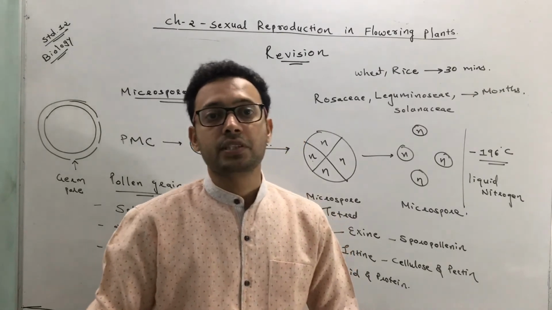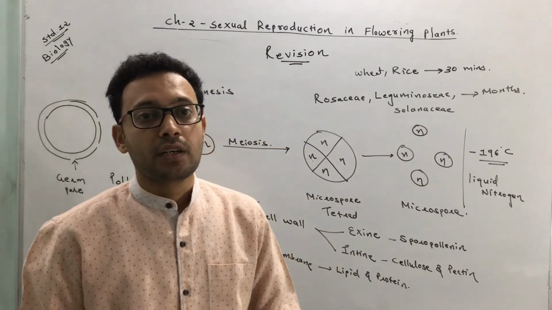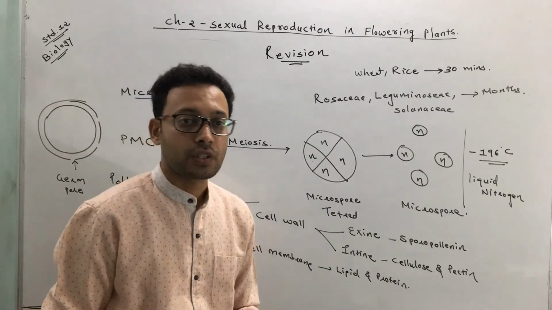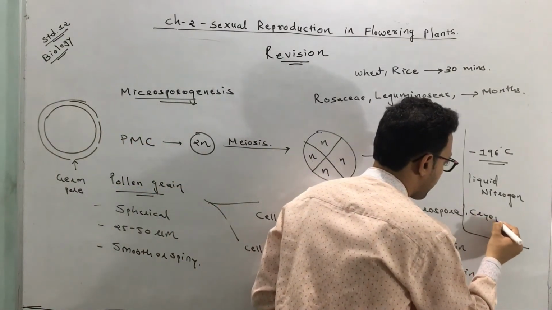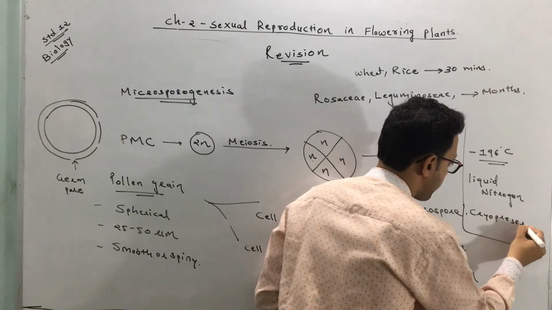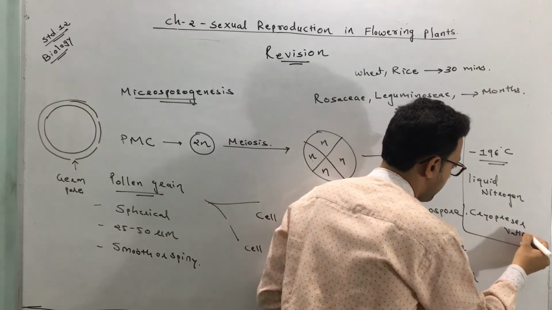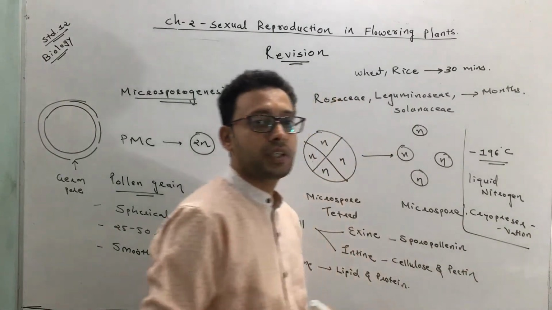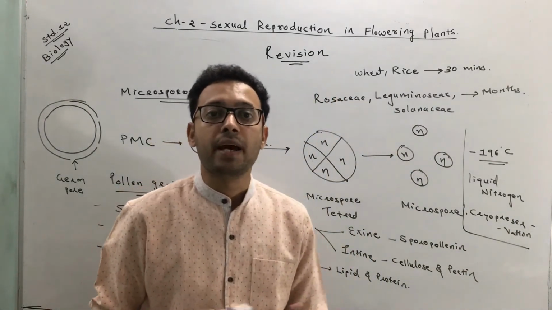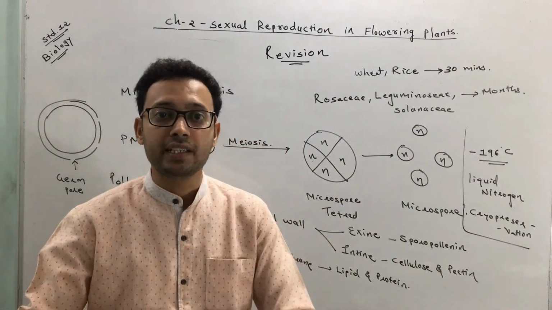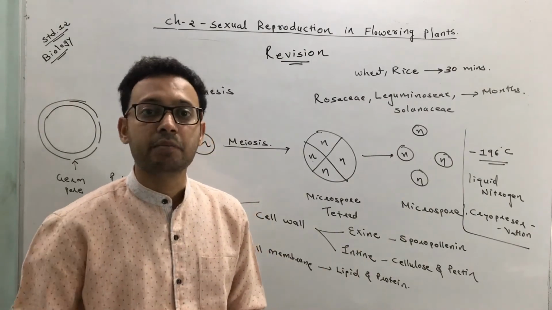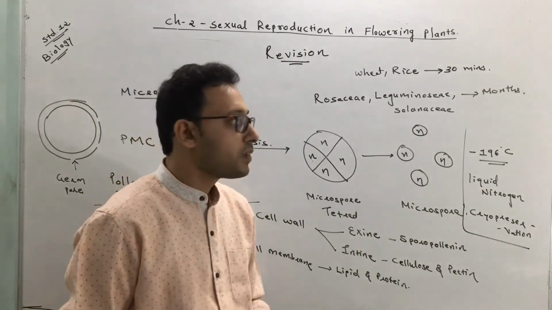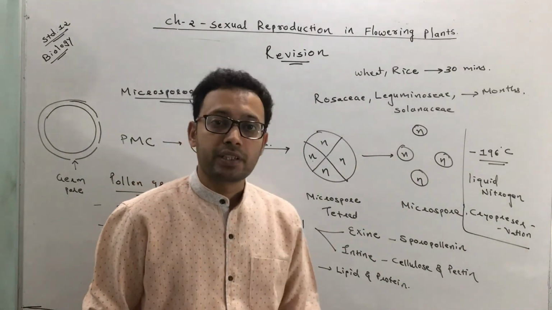Such a technique of preservation of pollen grain is called cryopreservation. And that can be stored in a pollen bank. As we store money in our bank, similarly pollen can be stored in a pollen bank, and seed can be stored in a seed bank. So that is about the pollen grain.